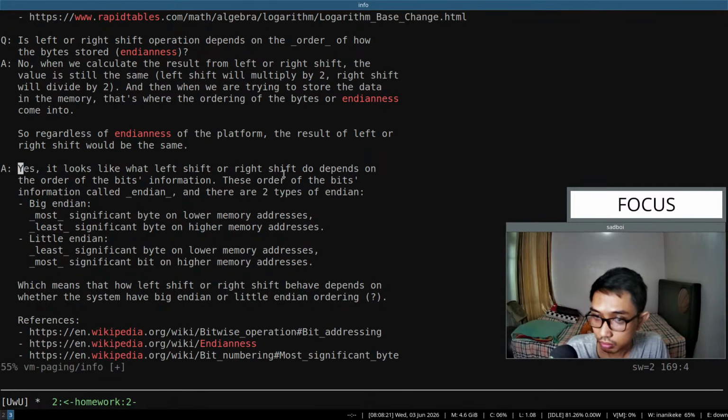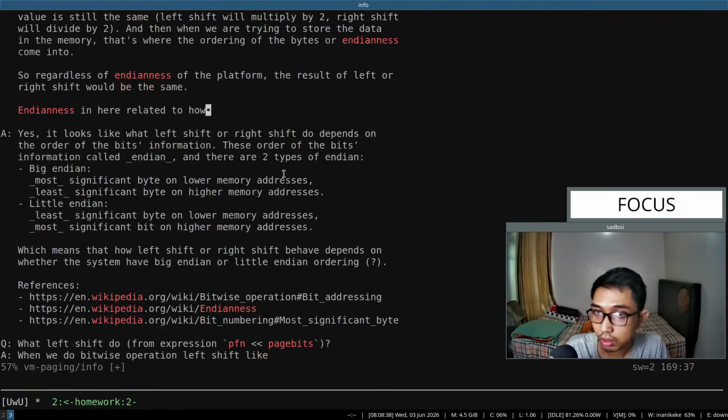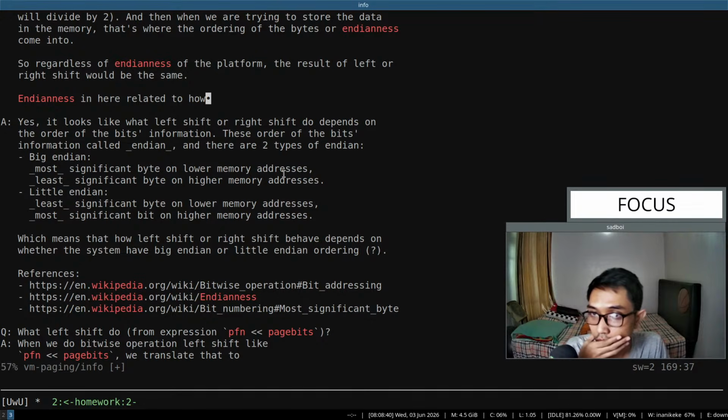The same endianness in here is related to the order of memory address, maybe something like this.